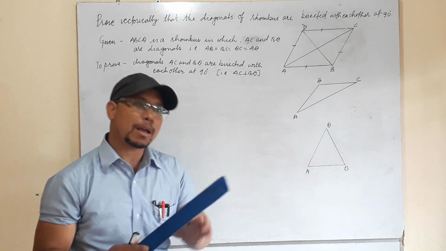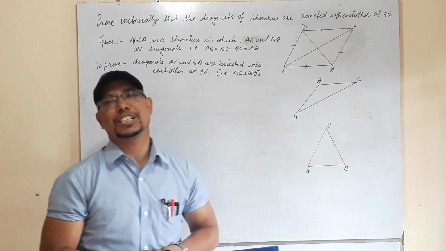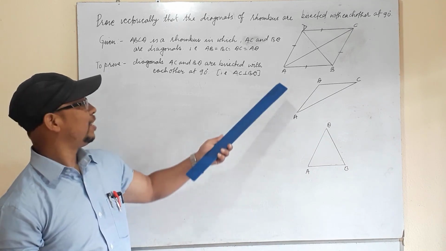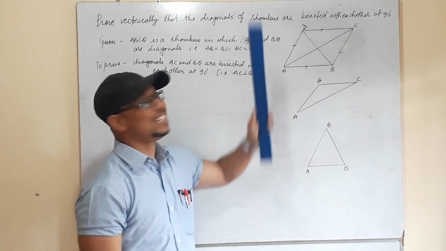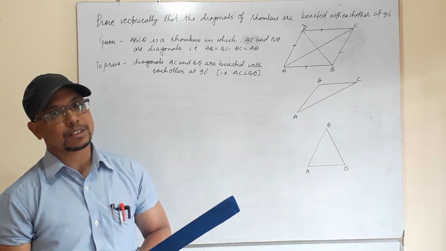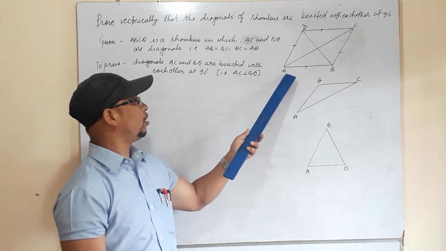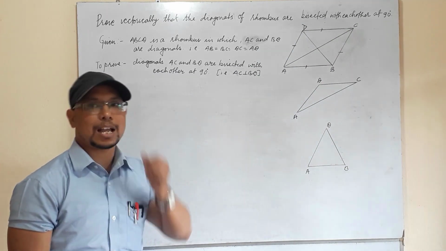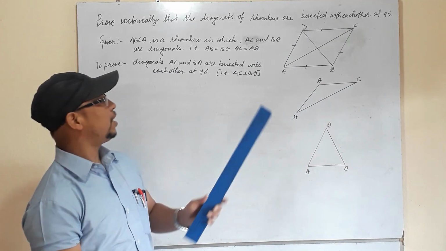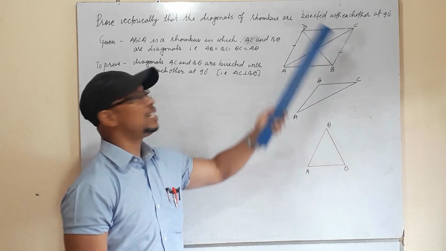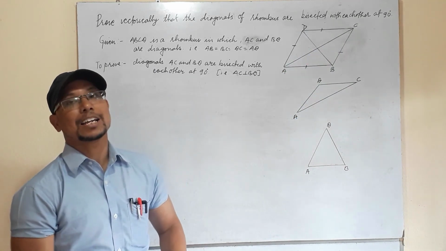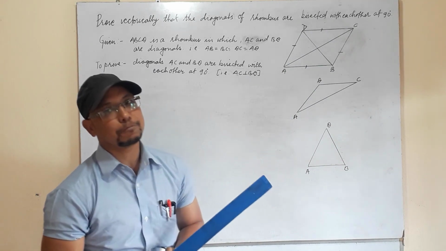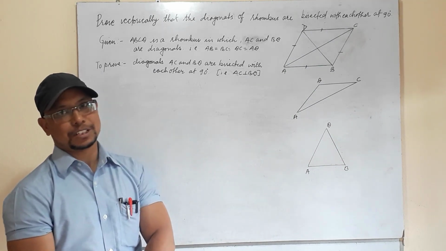If a parallelogram has all sides equal, then it is called a rhombus. Here in the figure, ABCD is a rhombus, so all its sides AB, BC, CD and AD are equal. AC and BD are the diagonals, and we need to prove that the diagonals are bisected with each other at 90 degrees.